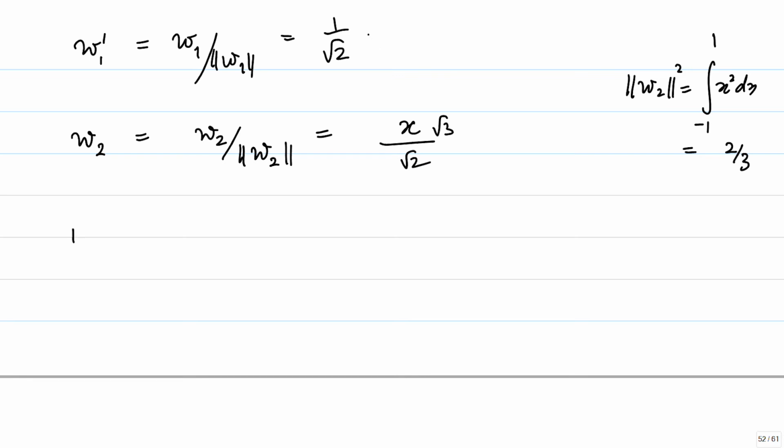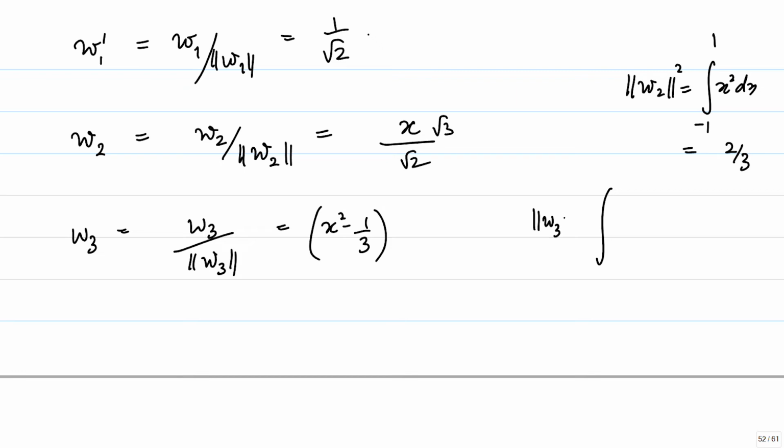And how about W3? This is just going to be W3 by the norm of W3, which will be x square minus 1 by 3 times some constant. Let me just write down what the formula is and leave it at that without calculating it.